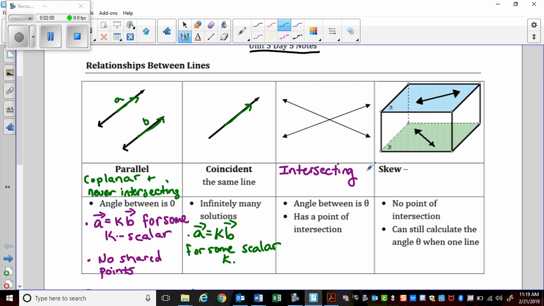Okay, intersecting lines, whether they're perpendicular or they just intersect, the point of intersection is right here, and this angle in between them is theta. You can also find this angle in between by using our formula. This is the point of intersection, where they intersect.